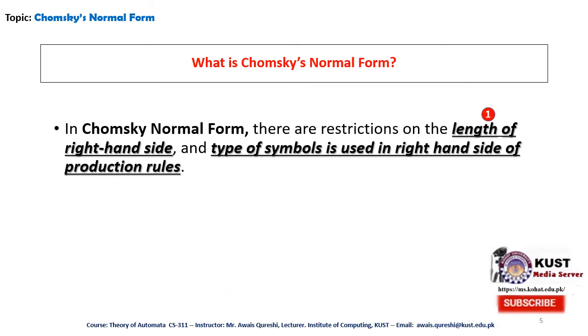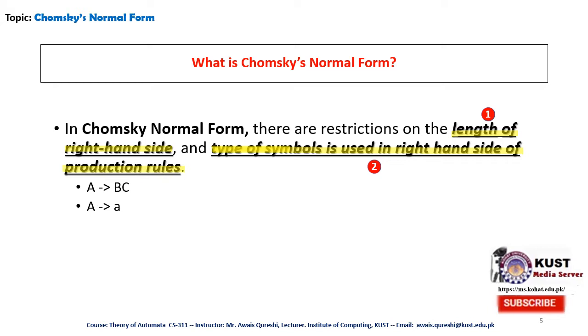In Chomsky's normal form, there are restrictions on the length of the right-hand side. First, try to understand that the restriction is on the right-hand side, and on the type of symbols used in the right-hand side of the production rules. This is the second requirement, with the help of which we convert any context-free grammar into Chomsky's normal form. So the first restriction is on the length of the right-hand side.